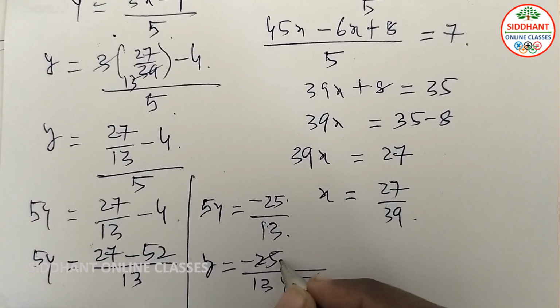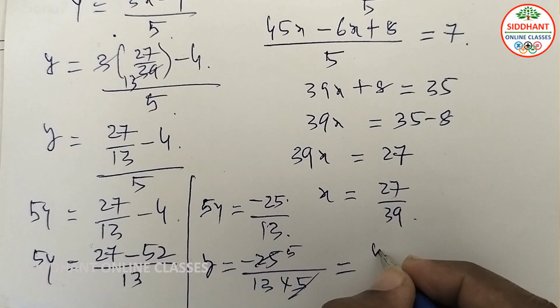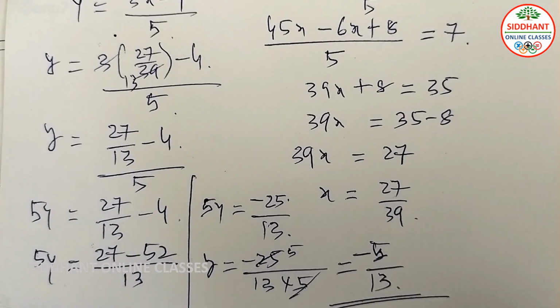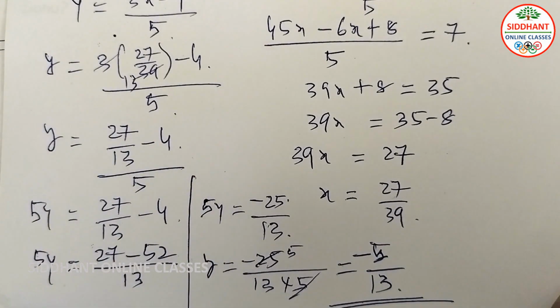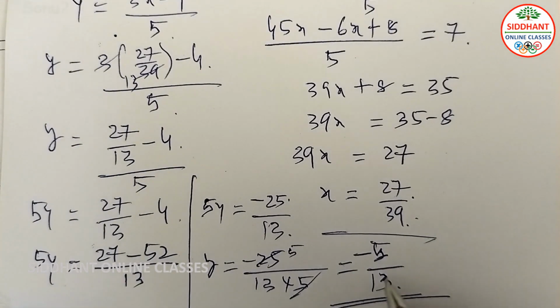Now here 5 times, then that equals minus 5 by 13 here. So x equals 27 by 39, y equals minus 5 by 13.